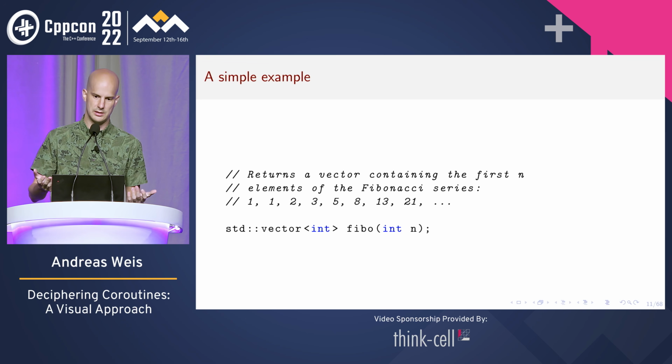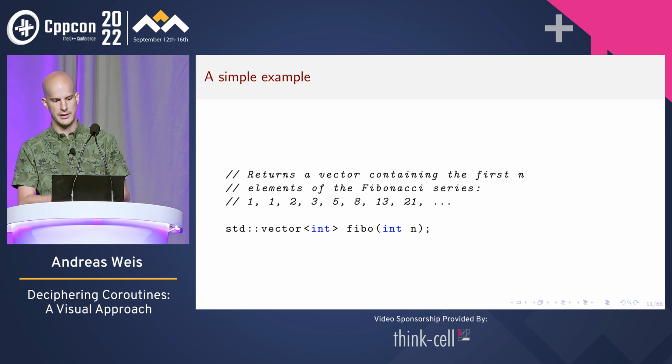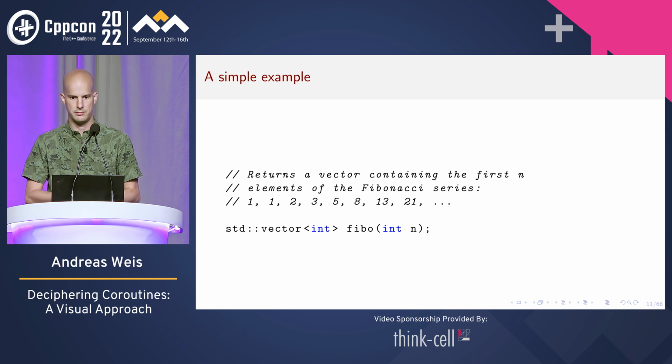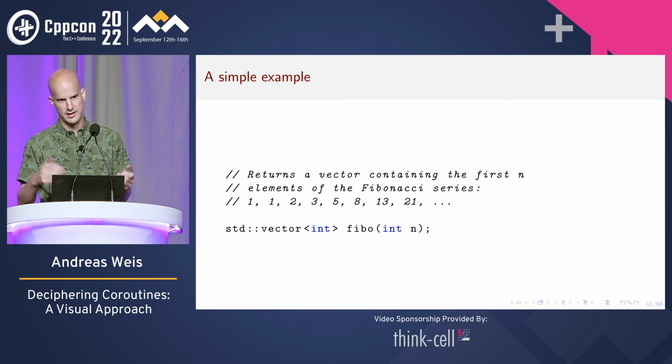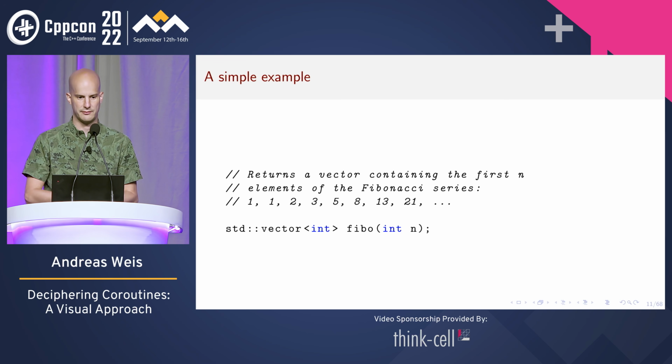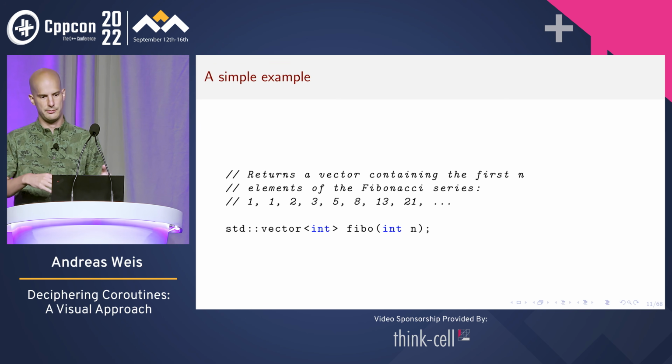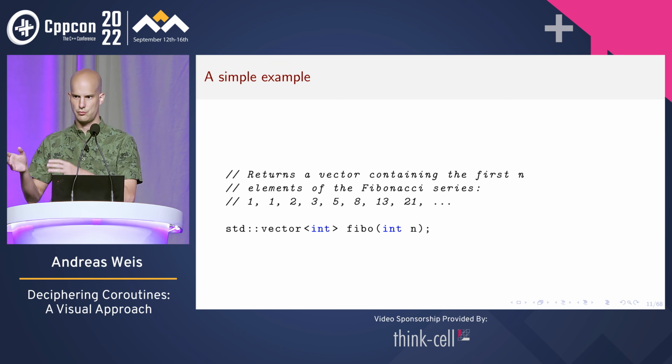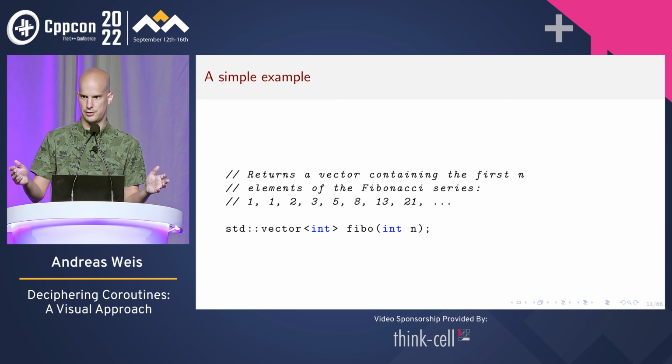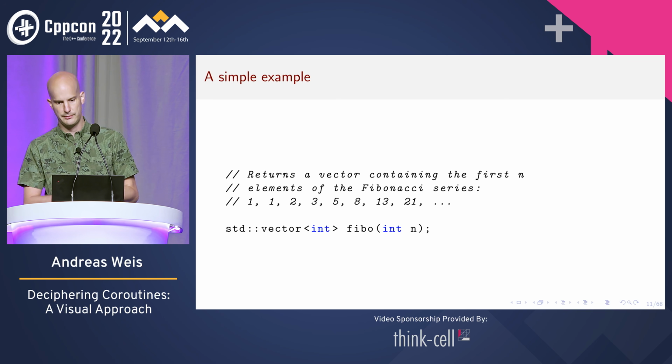For example, this function will always require O(n) storage, where n is the number of Fibonacci numbers that we want to compute. Since the Fibonacci sequence grows pretty fast, this is probably not going to get very big, but you can easily imagine that if I have a complex computation and I'm only ever processing the numbers one by one, then why should I have to pay for the entire storage for the whole thing?